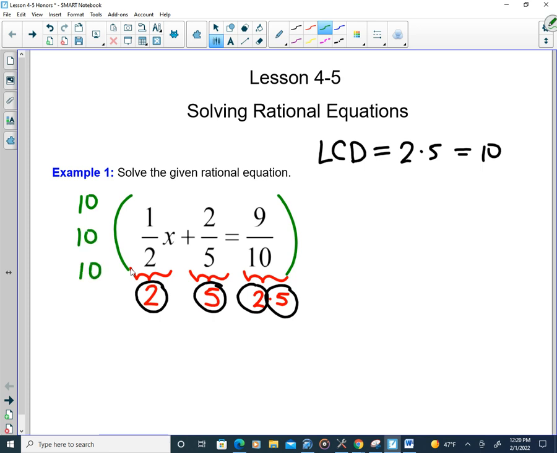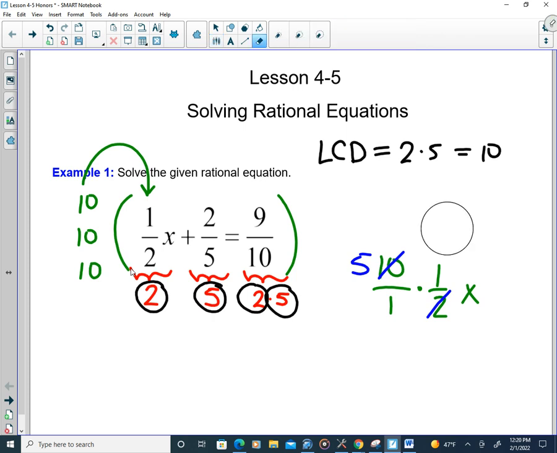So I'm going to take 10 and multiply it by 1/2. So we're taking 10 over 1 times 1/2 x. When you multiply fractions, you can cross cancel, or cancel up and down. This 2 can cancel with that 10, so that becomes just 5.